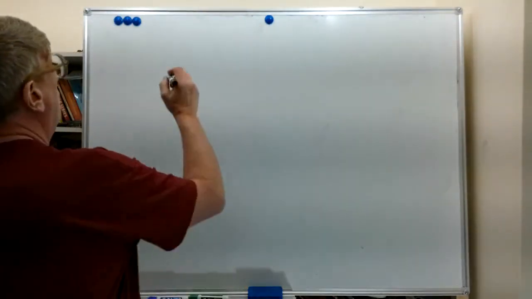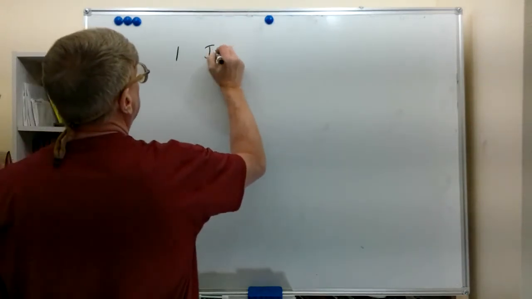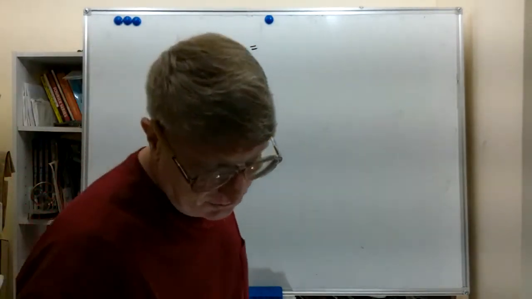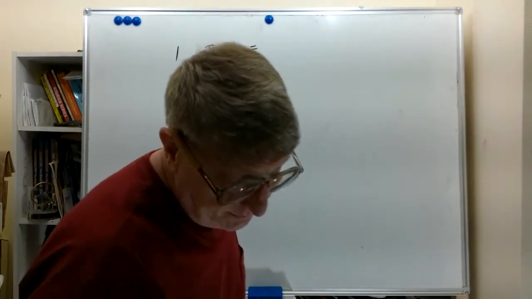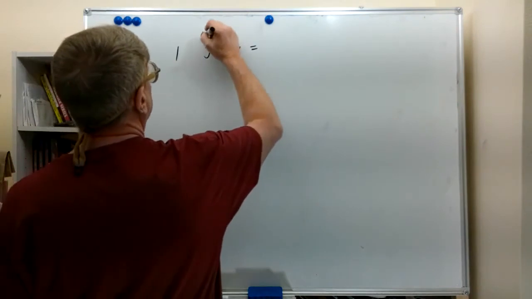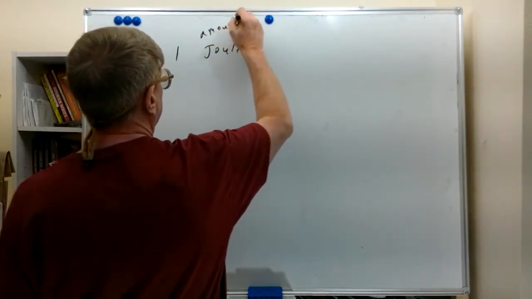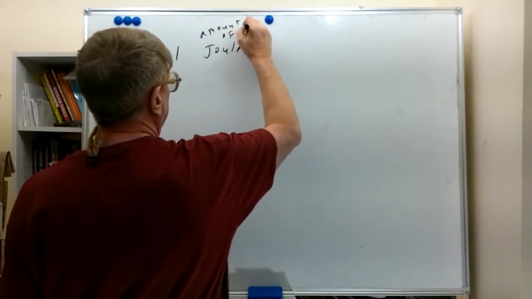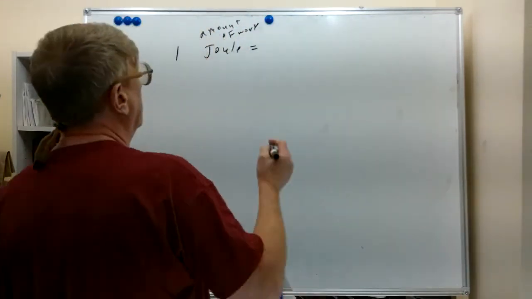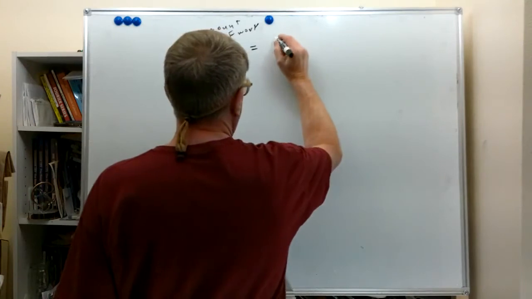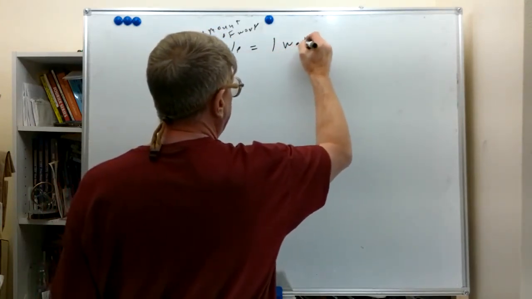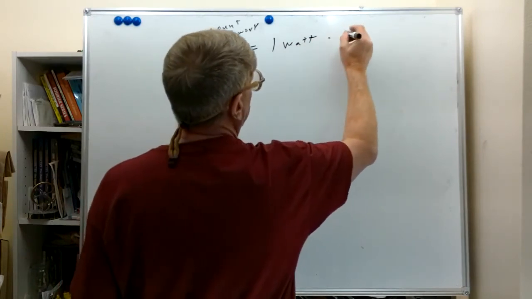And 1 joule is an amount of work. Joule is an amount of work, very much like foot-pounds could be the amount of work. And it's the amount of work done if you use 1 watt for 1 second.